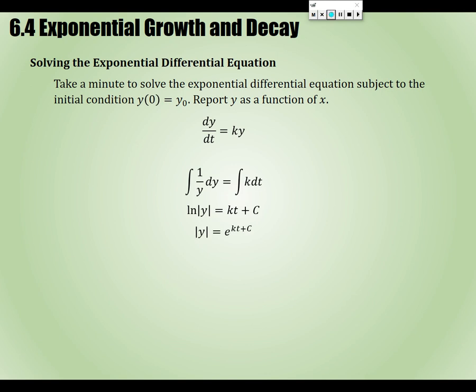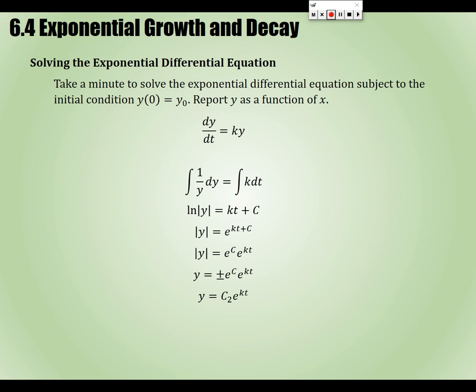So you got this. Now some of you are trying to figure out how to deal with the C appropriately. Keep in mind that you can rewrite using properties of exponents, e to the C. And again, why don't we just call that, so this whole plus or minus e to the C thing, after we drop the absolute value, keep in mind that whether it's positive or negative, that's some other constant, yes?